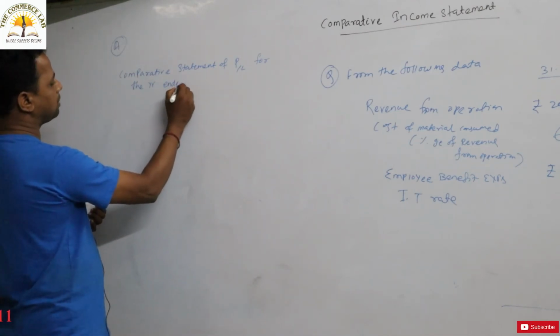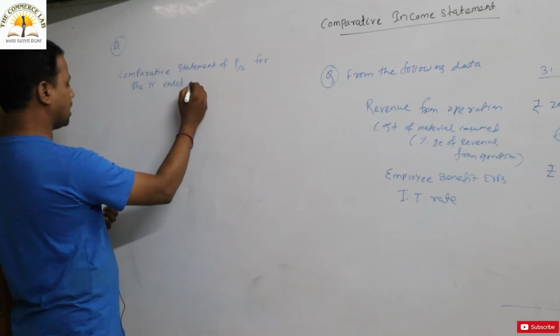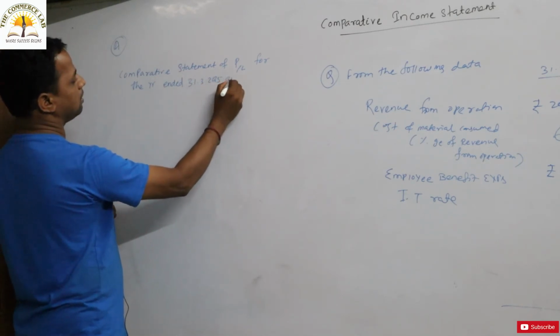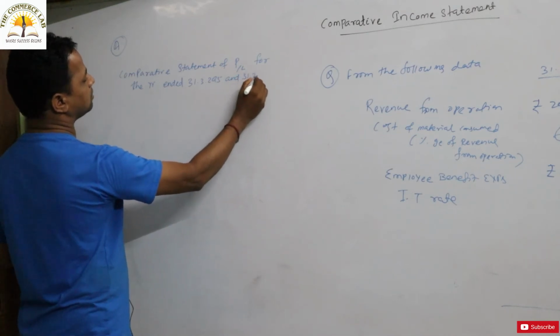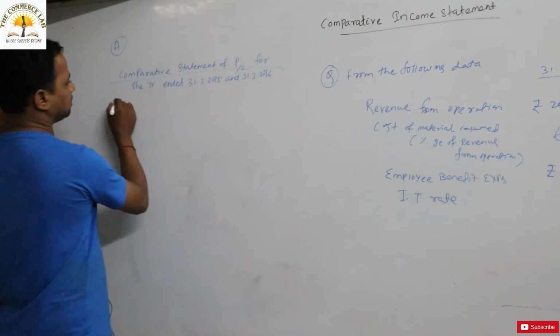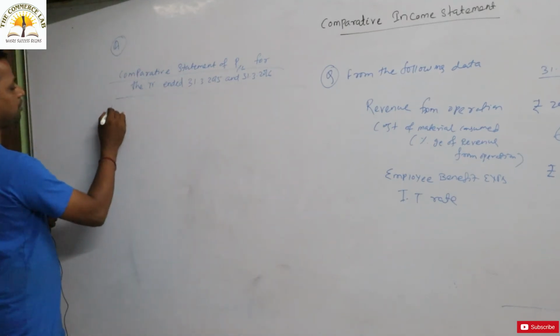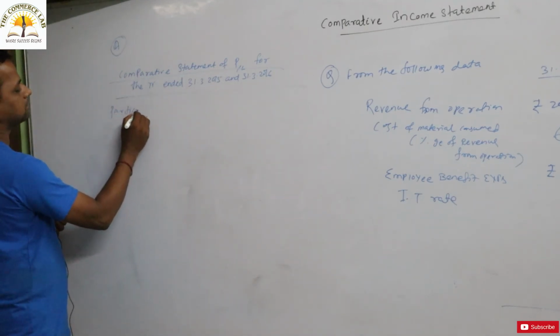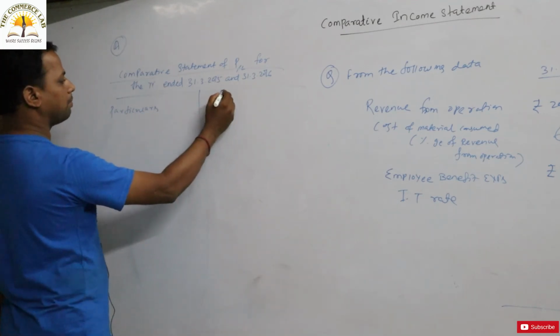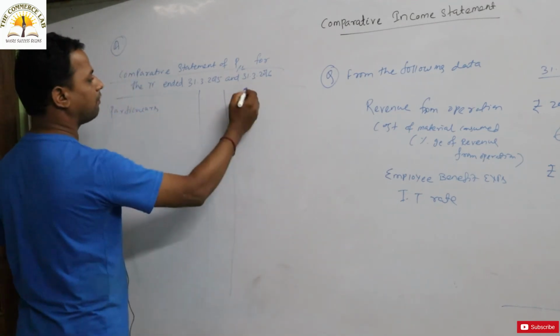Both years we have to mention in this answer, written at the top. Thereafter, we write particulars. We are preparing the comparative statement of profit and loss.